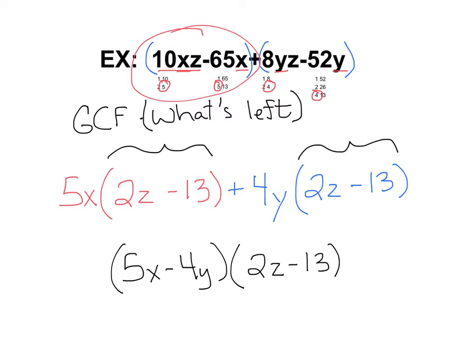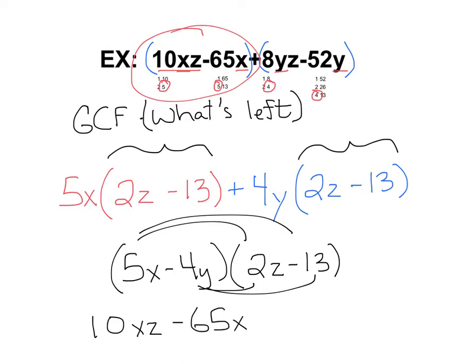Once again, if we work this out and do our multiplication, following our distributive method, we'll end up back at our original problem, 10xz minus 65x plus 8yz minus 52y. Remember, whenever we're doing factoring, it's one of those math problems that you can always check. You can always make sure you're correct simply by working the math out. And in this case, our math works out.